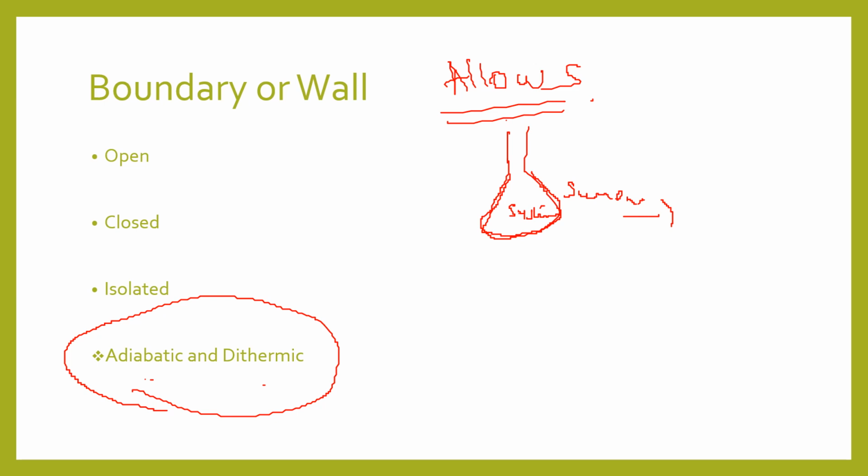Diathermic boundary is the one which permits or allows the exchange of heat with the surrounding, or you can say it allows the exchange of energy with the surrounding in the form of heat.